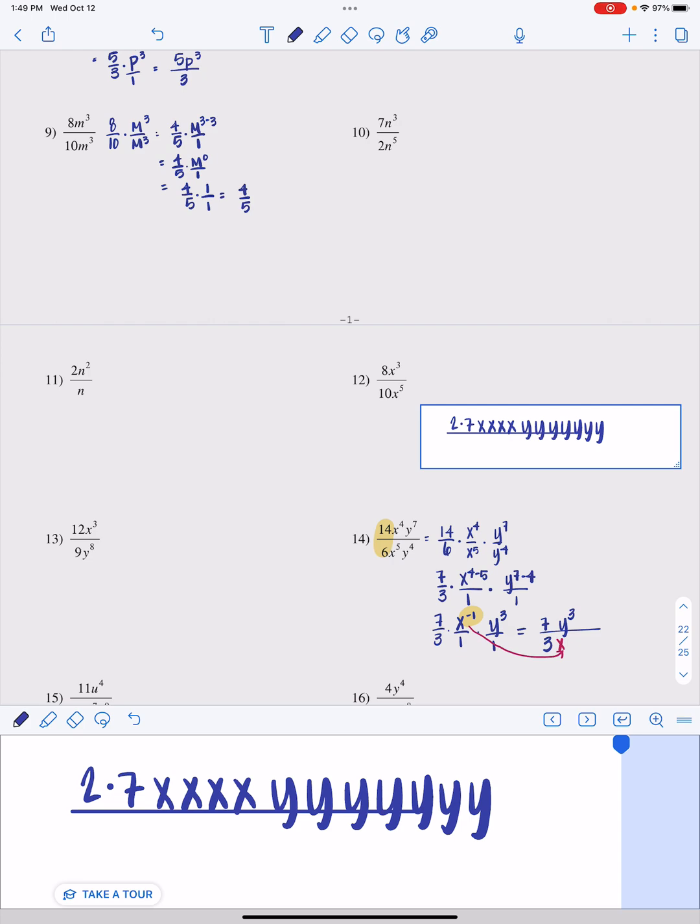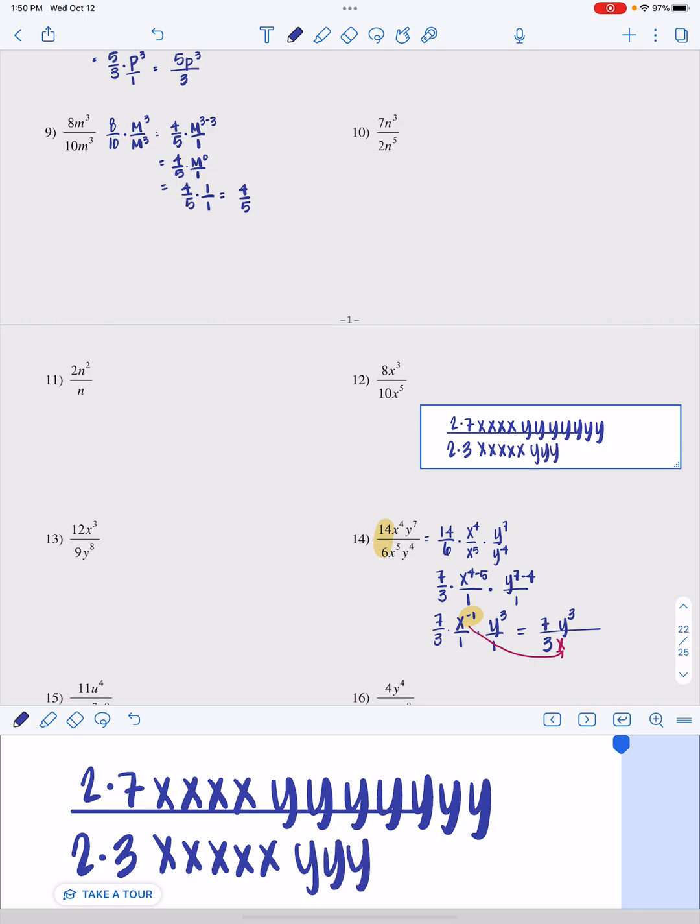I can write 6 as 2 times 3, with 5 x's and 5 y's.